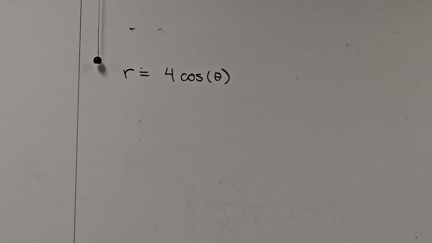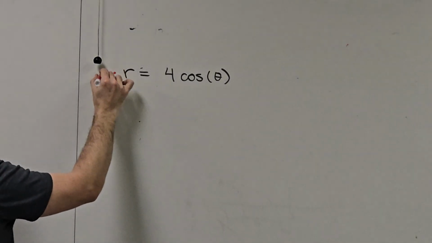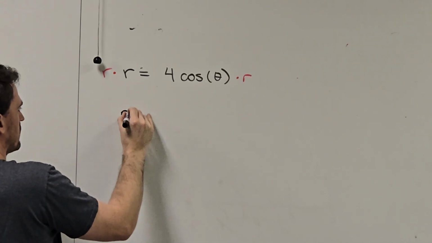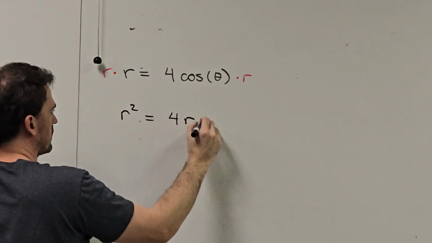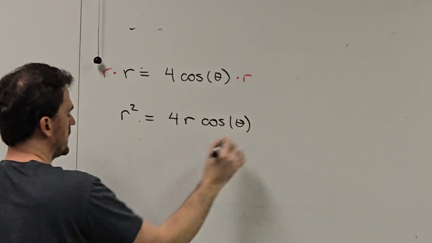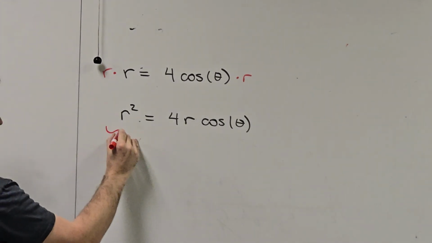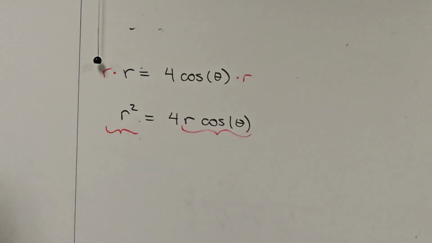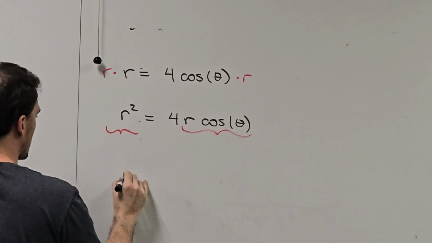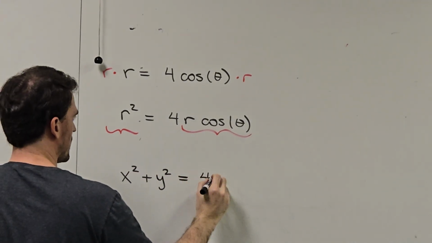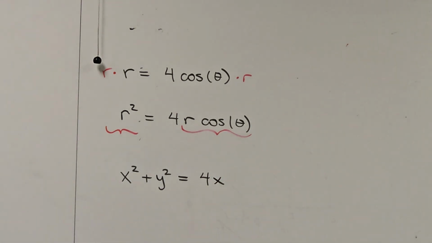So why don't we just multiply both sides by r? R squared is in my toolbox, and so is r cosine theta. r squared is x squared plus y squared, and r cosine theta is x.